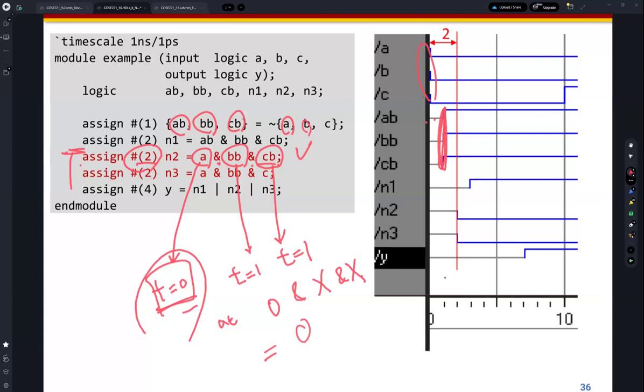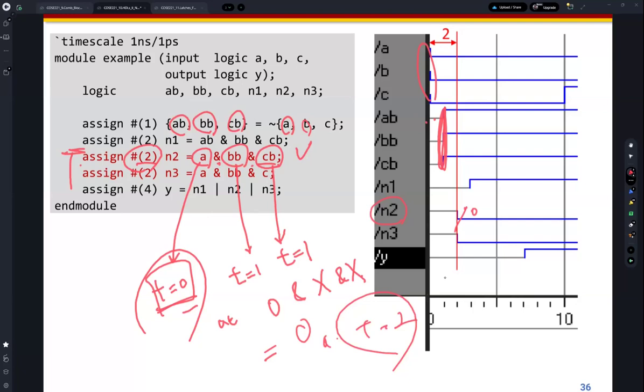But this output will be reflected after 2 nanoseconds. So that's why if we see n2, then n2 will be 0 at t equal 2. Do you understand?